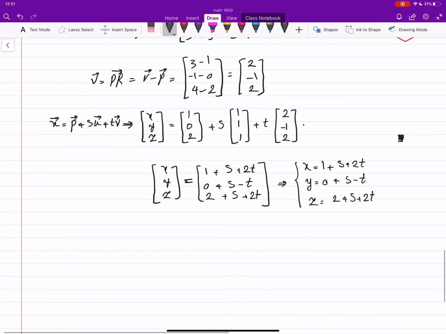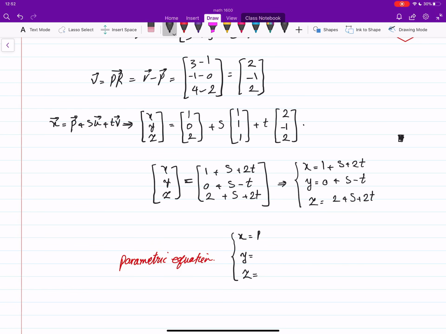So this form, similar to the lines in R3, is called the parametric equations. In this, we have 2 parameters for each of the X, Y, Z components.